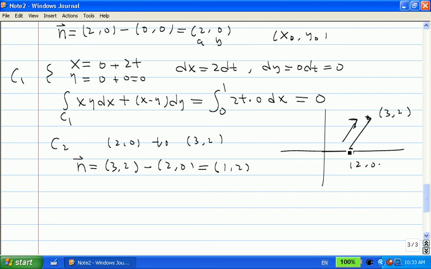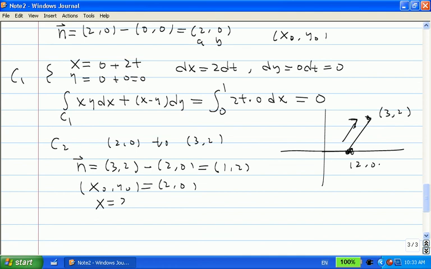Then we are going to pick our x naught, y naught. You can pick either 2, 0 or 3, 2. Let's just pick 2, 0. It doesn't matter. So we can find the parametric equation for this line.